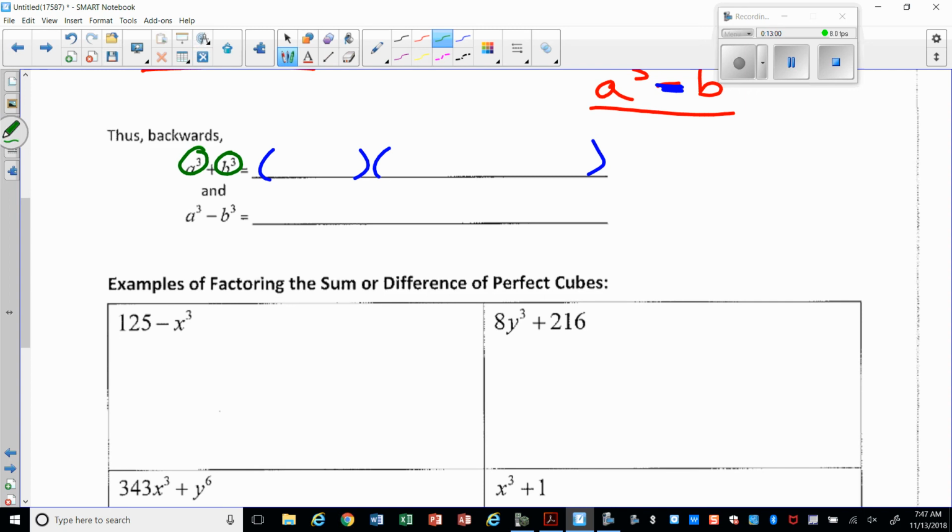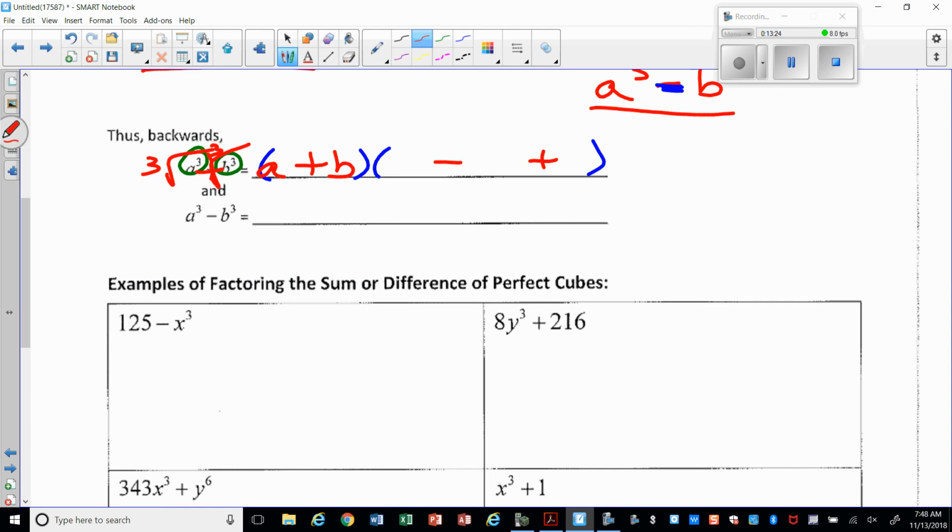And so that is going to be SOAP, so it's going to be same. Whatever this sign is, it's going to be same, opposite, always positive. All right, and then I just fill in the blanks. So I'm going to get, and I do the cubed root of this guy, which is A, and the cubed root of that guy, which is B.